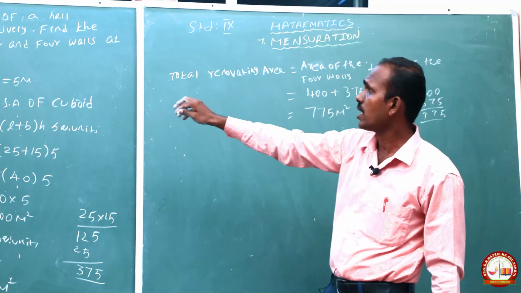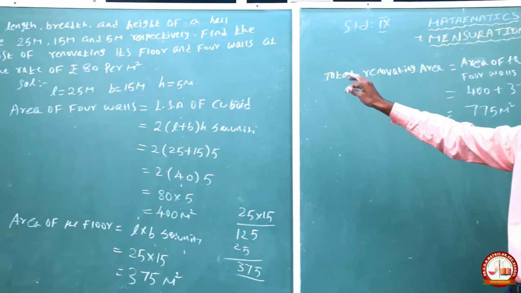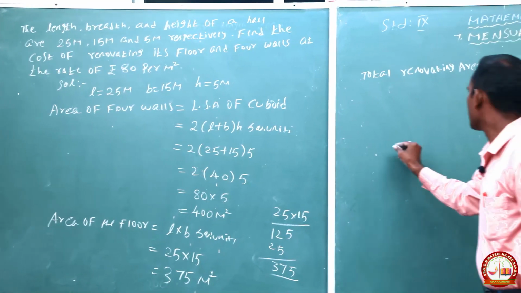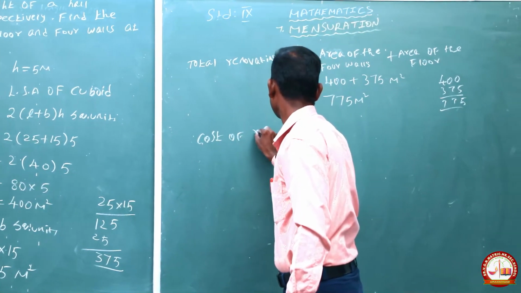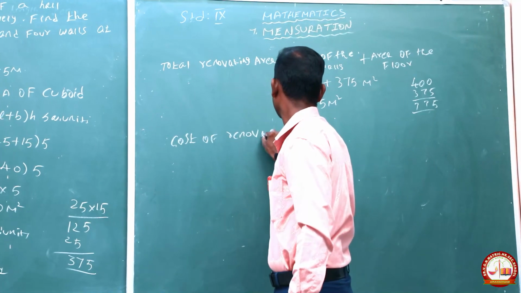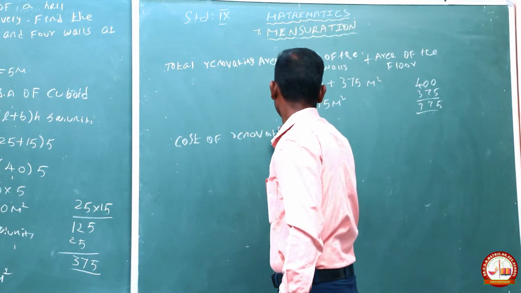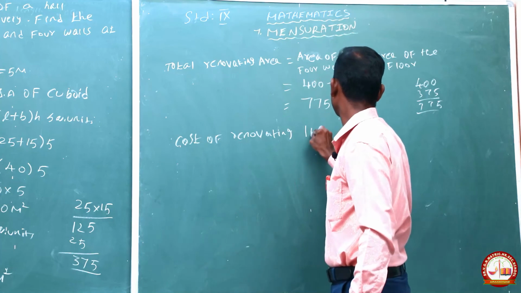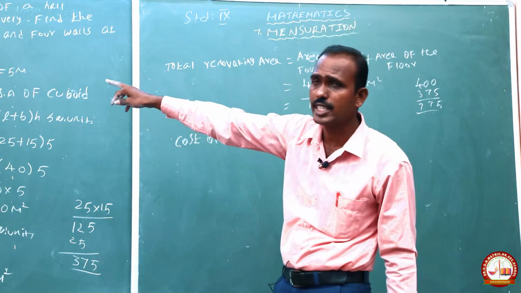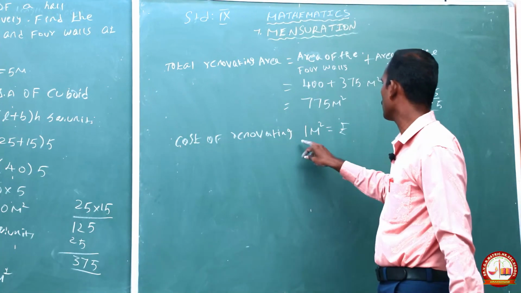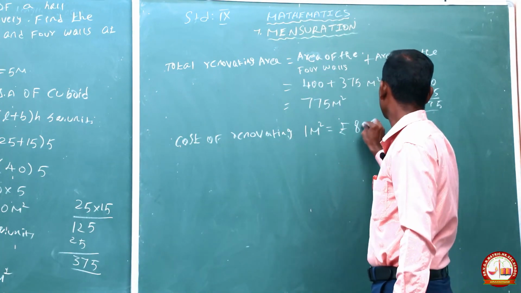But what is the question asking? Cost of renovating. Cost of renovating 1 meter square equal to what is given? Rupees 80. Okay, so cost of renovating 1 meter square equal to rupees 80.